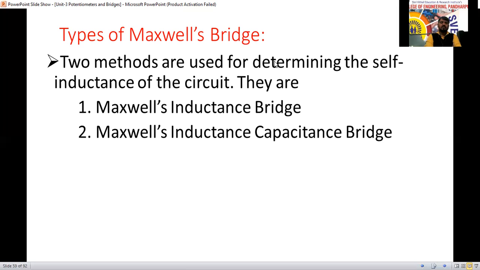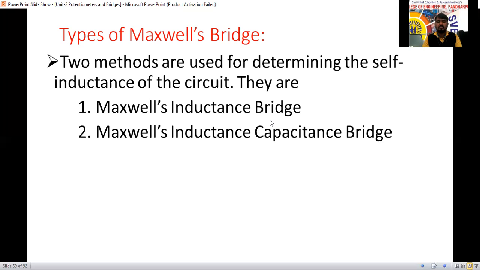The combination of resistance and inductance is the Maxwell inductance bridge, and the combination of resistance, capacitance and inductance is the Maxwell inductance capacitance bridge. First we'll discuss Maxwell's inductance bridge.